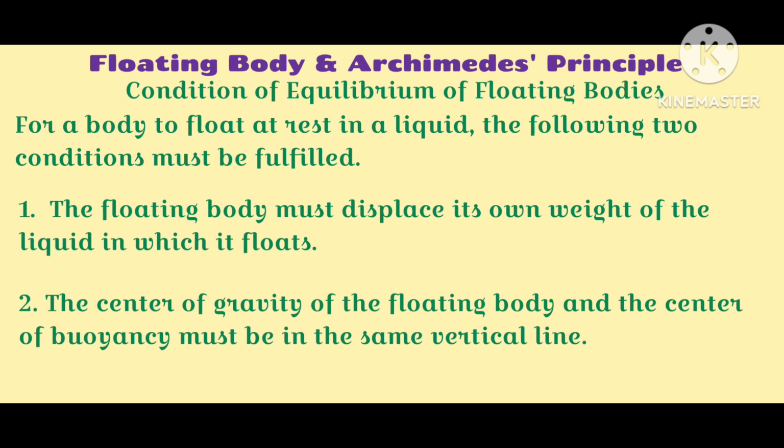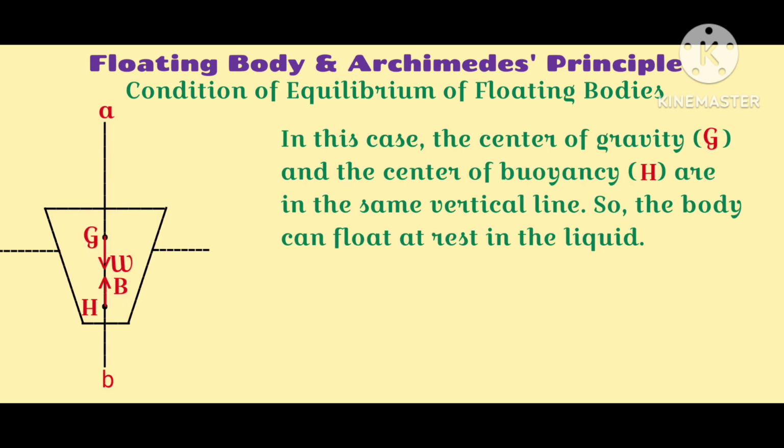Let's go a little deeper into condition 2. For the floating body in the diagram, AB is the central line, G is the center of gravity of the floating body, H is the center of buoyancy, that is the center of gravity of the liquid displaced by the floating body.